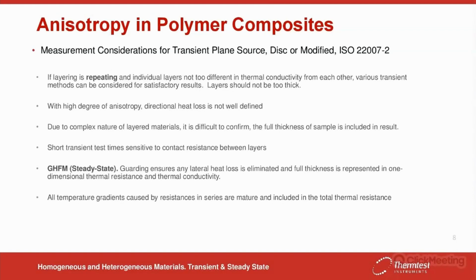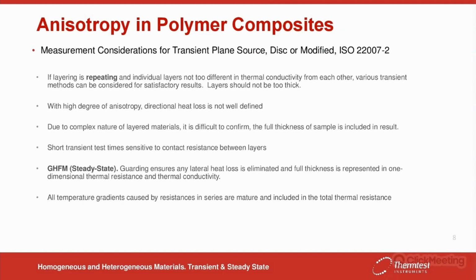In steady state, the guarded heat flow meter ensures that lateral heat loss is eliminated and that the full thickness and one-dimensional thermal resistance is measured and one-dimensional thermal conductivity is calculated. Anything between the upper plate and bottom plate that is brought together or clamped around your sample is part of the resistance measurement.